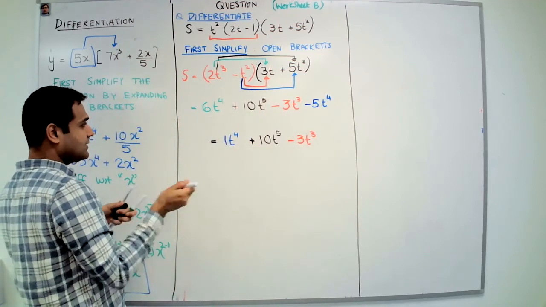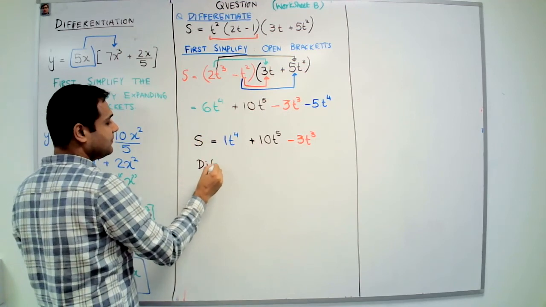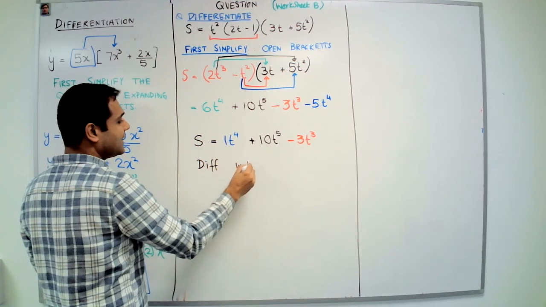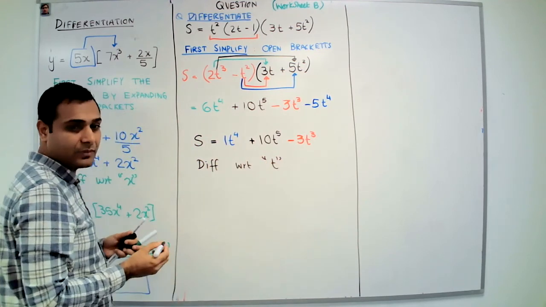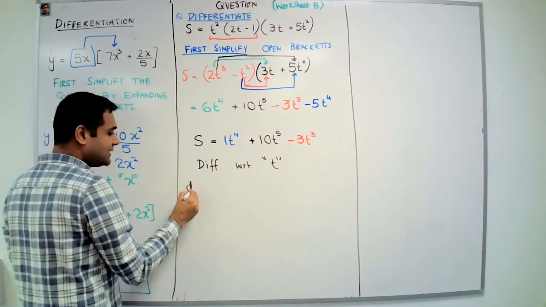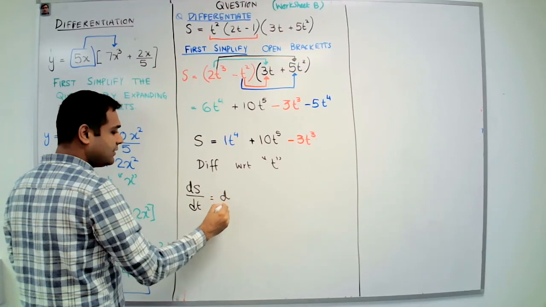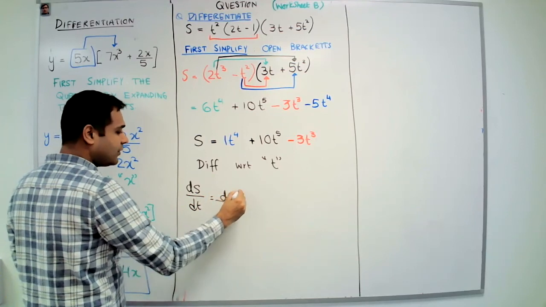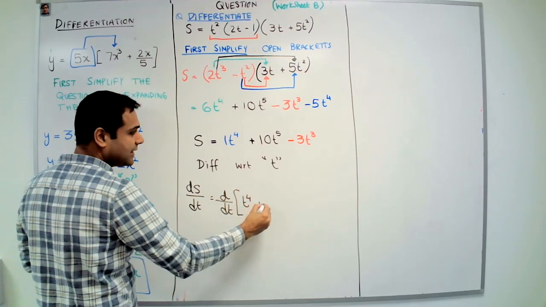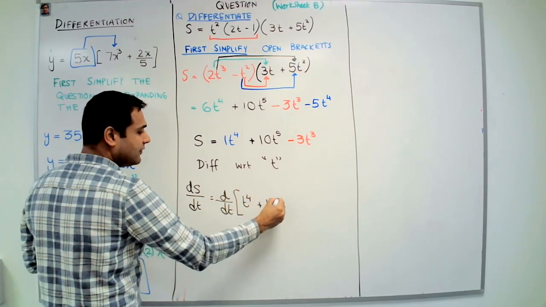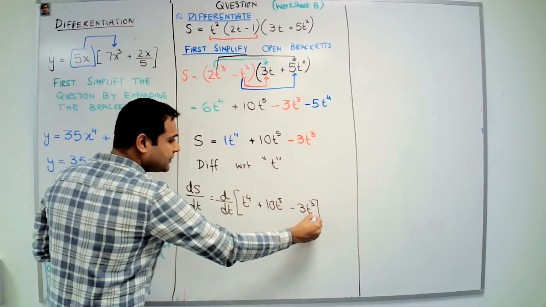Now that was s. Now you differentiate with respect to the variable t. That becomes ds over dt equals d over dt of t to the 4, or 1t to the 4, doesn't matter, plus 10t to the 5 minus 3t cubed.